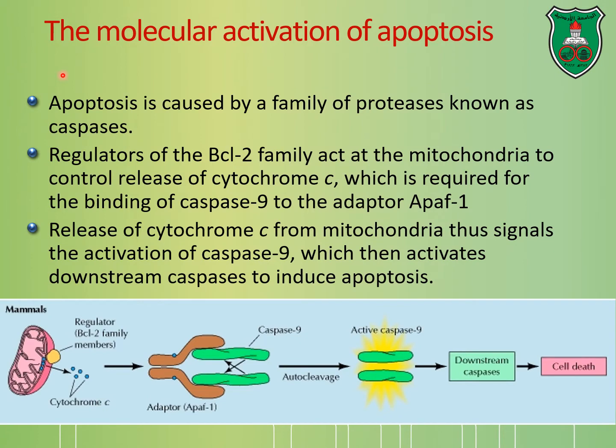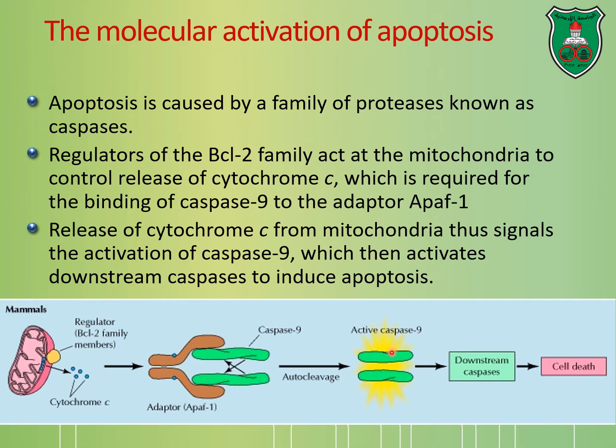So let's go over the molecular process of apoptosis. Now I'm going to start from the end of the process, which is cell death. Now cell death is induced by proteases known as caspases. What these do is that they cleave and degrade proteins. Now these caspases are activated by proteolytic cleavage by another caspase known as caspase 9.